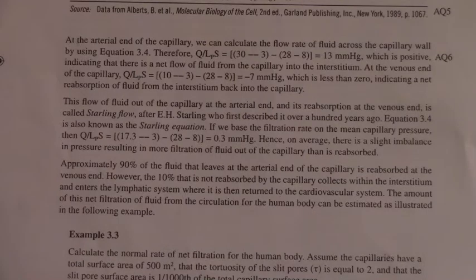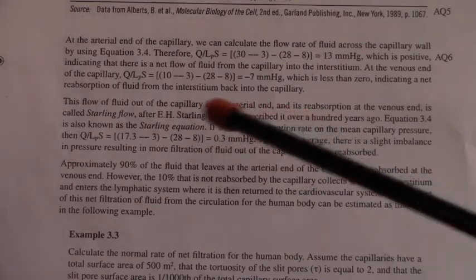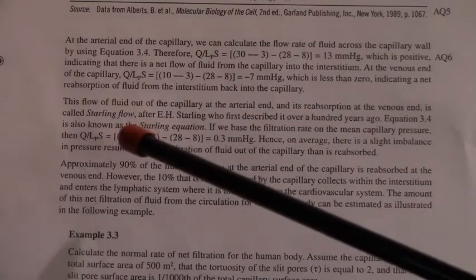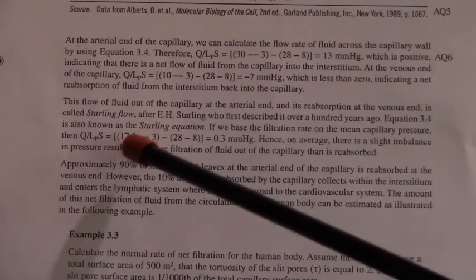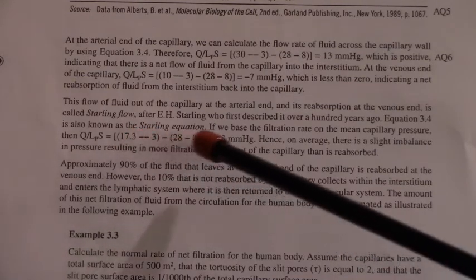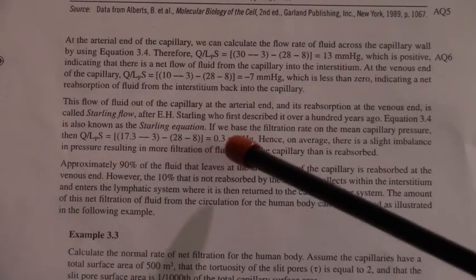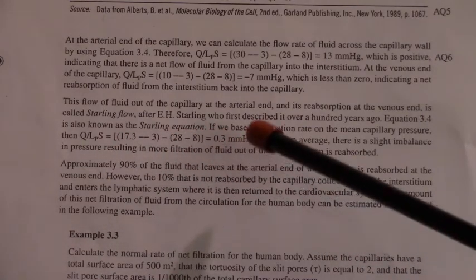Now, if we do the same calculation based on the mean value of the blood hydrodynamic pressure in the capillary, as shown by this little calculation here, you can see it's a very small number, 0.3 millimeters of mercury, but it's positive.